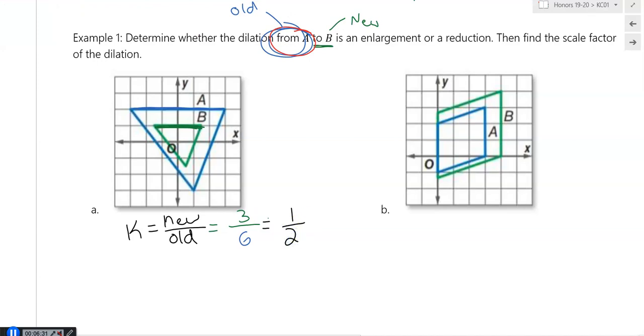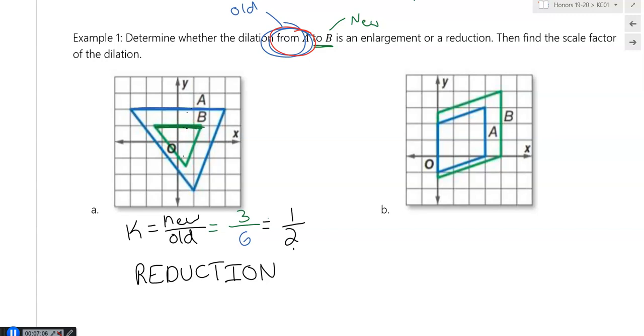It's kind of like how we set up those proportions at the beginning of the unit. We found the scale factor between the sides and made sure all 3 sides had the same scale factor. But now we know going from A to B, K is less than 1, and so this is a reduction. It's also easy enough to look at the picture and see that it's getting smaller.